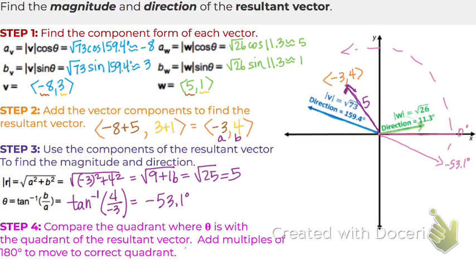And so 180 plus -53.1 gives us 126.9 degrees. So from 0, we don't care about that 53 anymore. From 0 over here to that purple vector is 126.9 degrees. That is our direction, and our magnitude is 5.